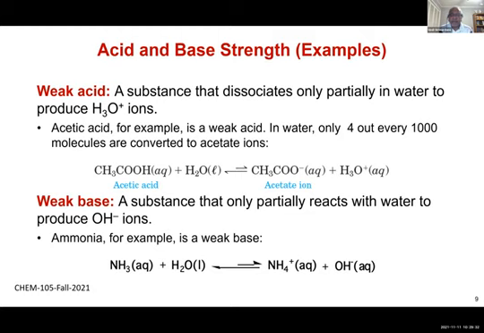It's reactant favored. Again, there's more ammonia and water in the solution, in the equilibrium, than ammonium ion and hydroxide ion. Therefore, only a small amount of OH is produced. Therefore, they are weak acids or bases.